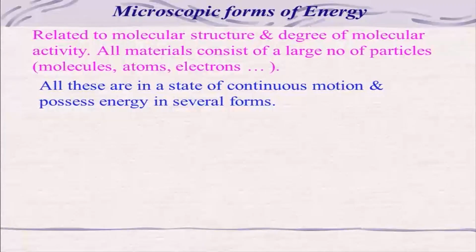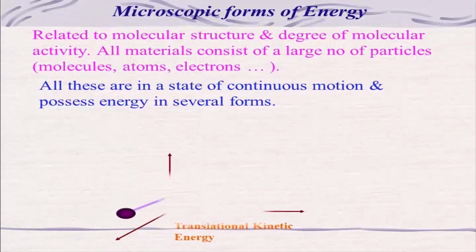These forms of energy can be thought of like this. Let's say that is a molecule, having an x direction, a y direction and a z direction, and it can translate.